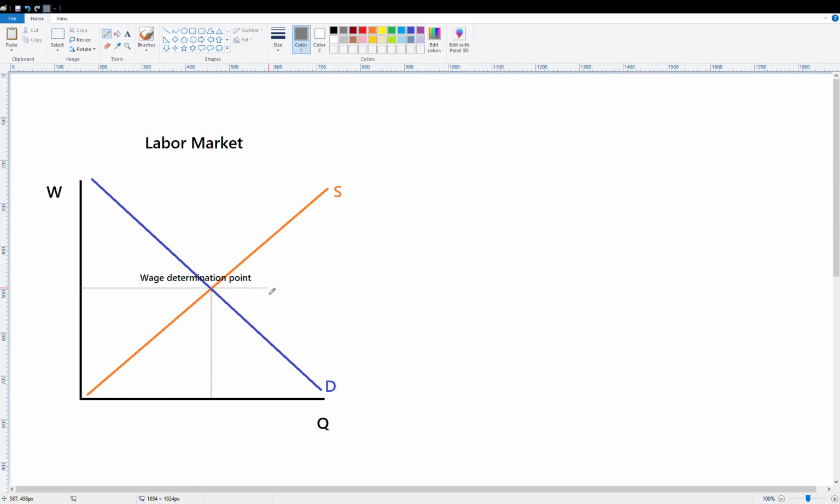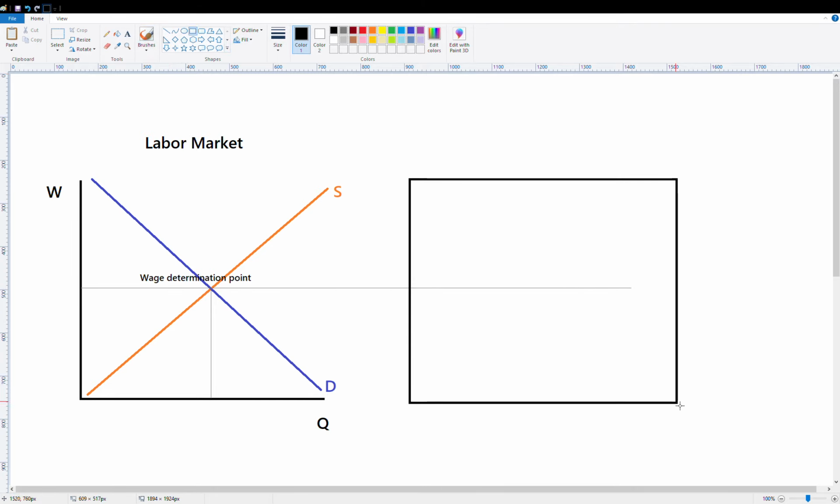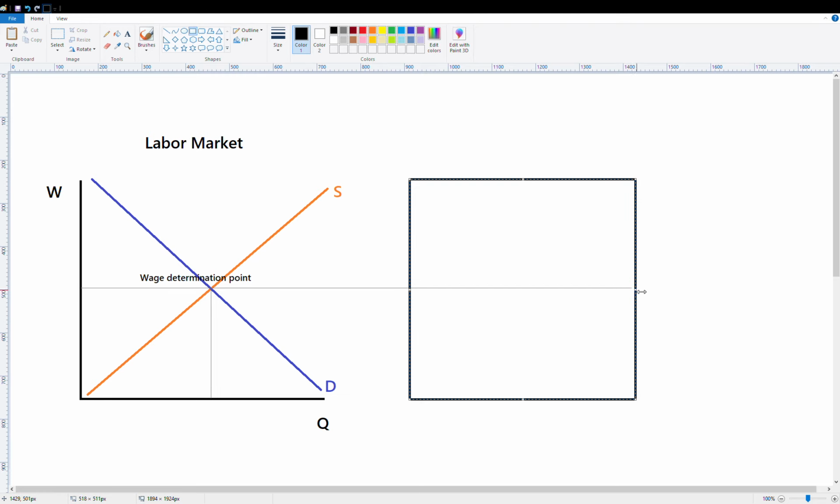So if I extend this out here and make another graph right here, like this, let's just forget about the ATC for a second. Let me make this straight.